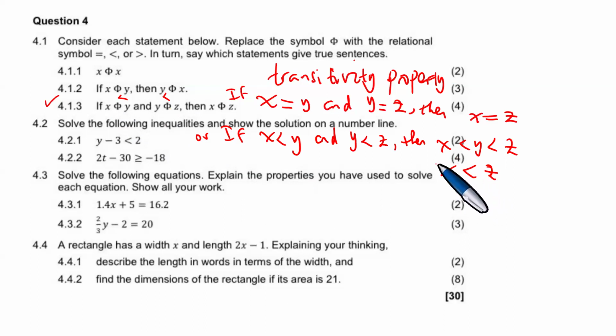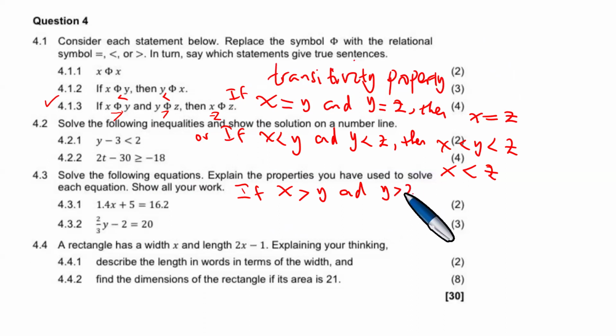Okay, so we continue then. In the end, you can think about what if you use greater than? What about if you use the greater than symbol? Would it work? We are looking at this 4.9.3. What if a student comes and says, if x is greater than y, we're experimenting with this one, and y is greater than z, then can we say that x is greater than y, but y is greater than z?